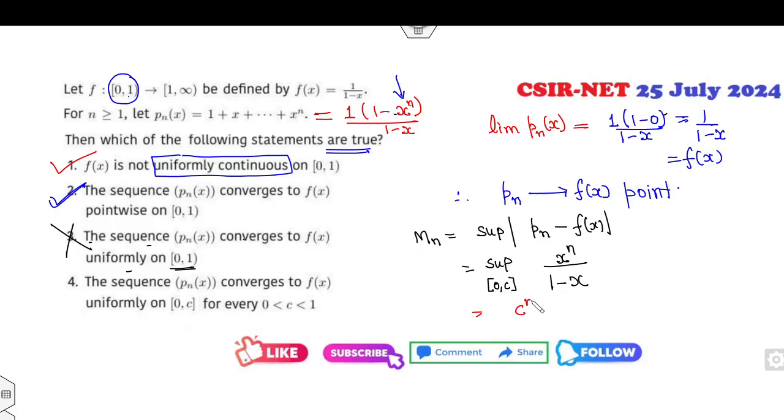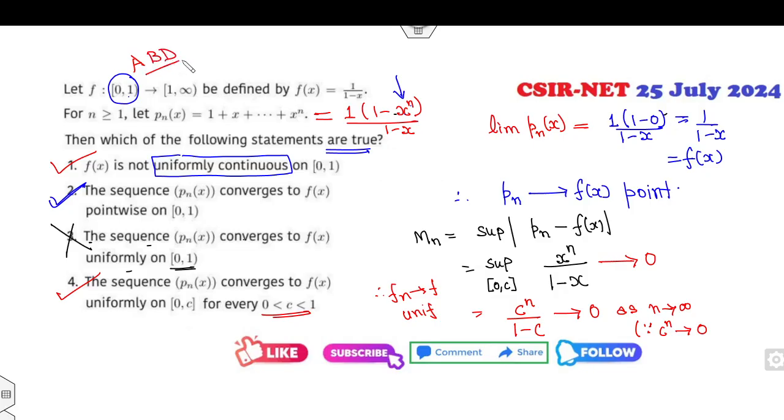It occurs at the point c, and c lies between 0 and 1, so it goes to 0 as n approaches infinity. Why? Because c raised to power n goes to 0 since c lies between 0 and 1. So Mn goes to 0, hence Pn converges to f uniformly. So this is also the correct option. A, B and D are the correct answers of this problem.